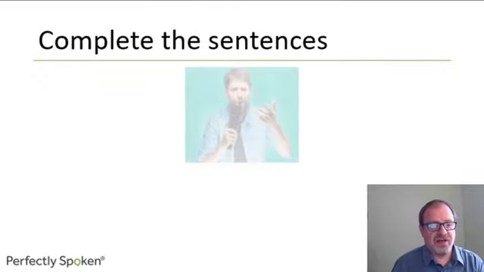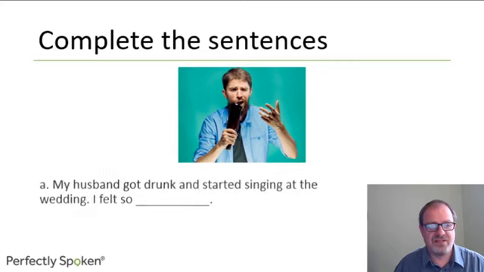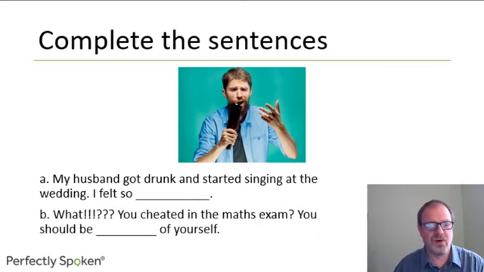Okay, so here are some examples. You've got a man singing there. It says, my husband got drunk and started singing at the wedding. This happens a lot in Scotland, where I'm from. People love weddings, having a few whiskies and then maybe starting singing. And I felt so... And then the second one, what? You cheated in the maths exam? You should be... of yourself.